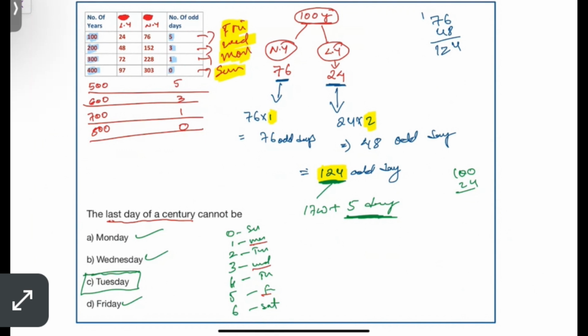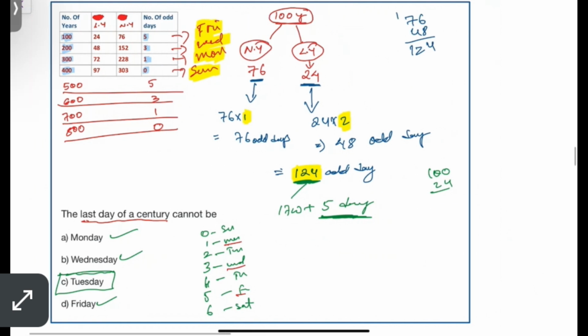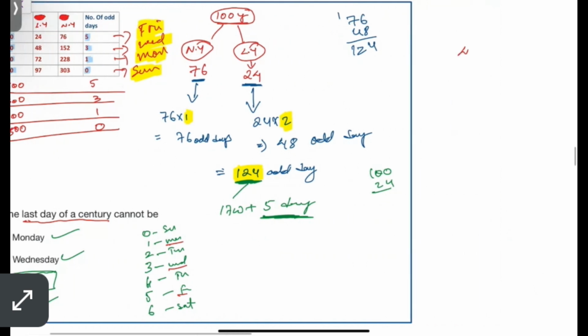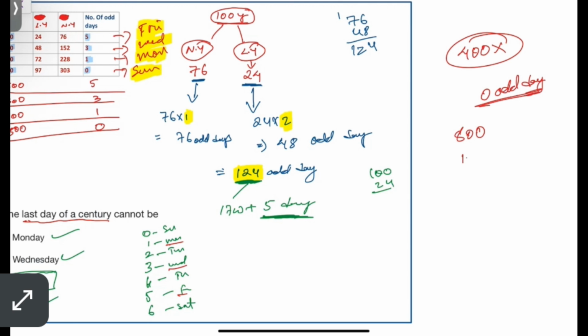According to the table that we have drawn, if a number is a multiple of 400, there will be 0 odd days. Remember that. If a year is a multiple of 400, which means it is 800, or 1200, or 1600, or 2000.